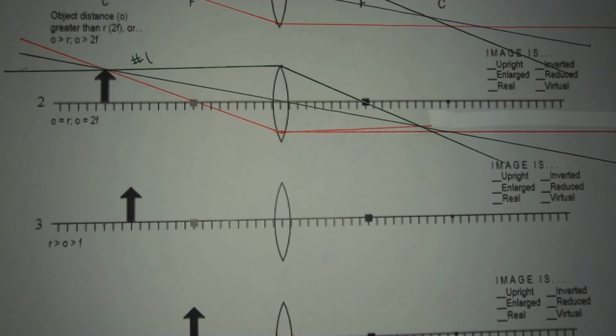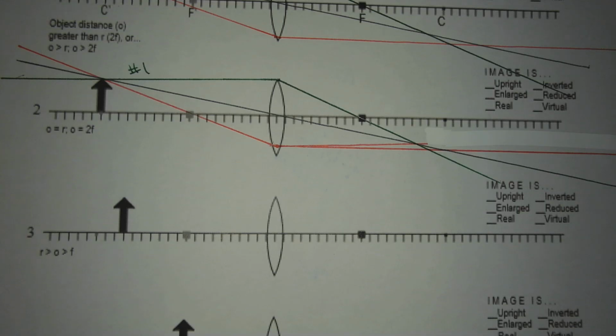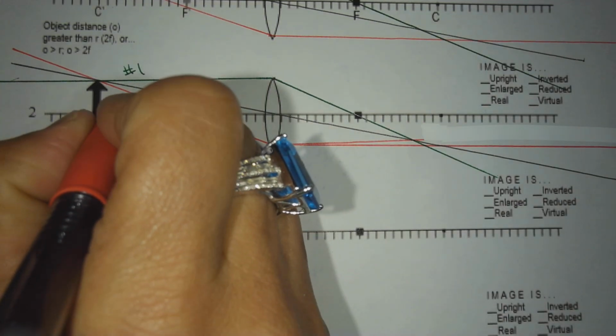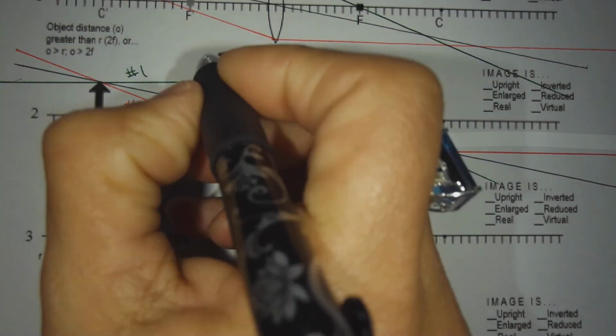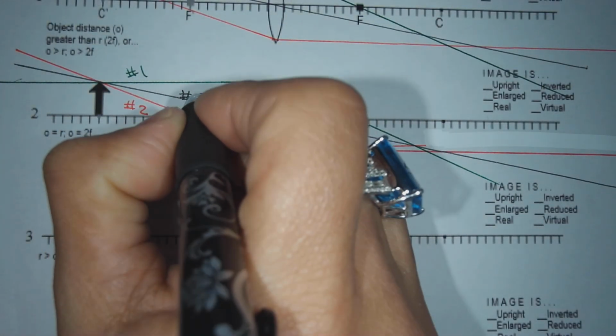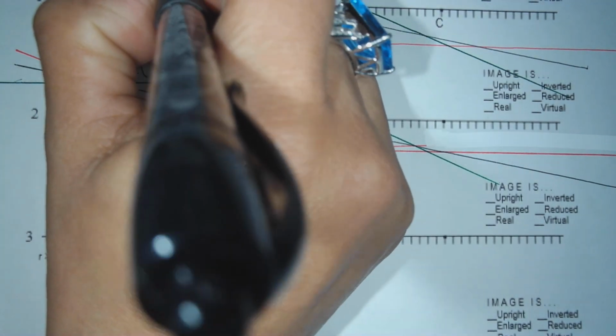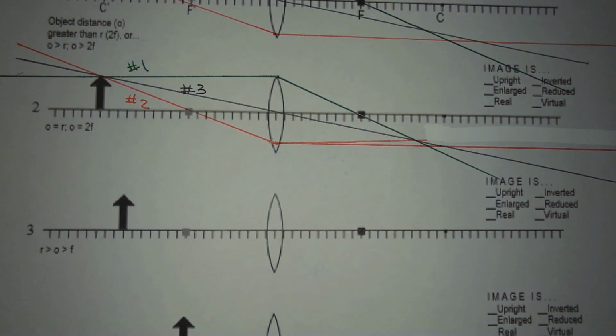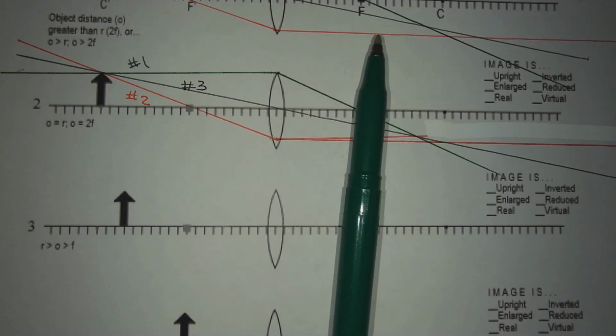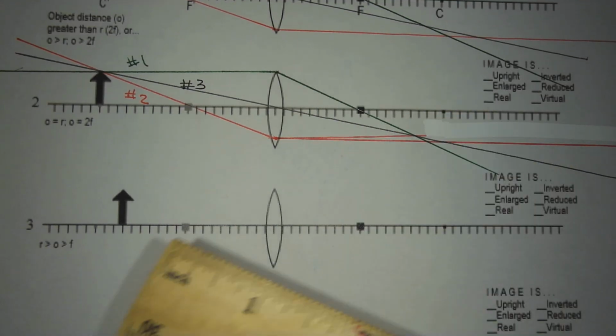Number 3. On number 3, we're always going to start with line number 1, which is green, then line number 2, which is red, and then line number 3, which is pen or a pencil, which is the middle line. All right, number 1, green. I'm going to go ahead and get my arrow.